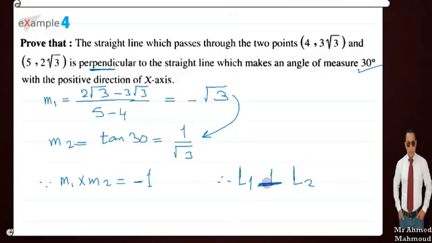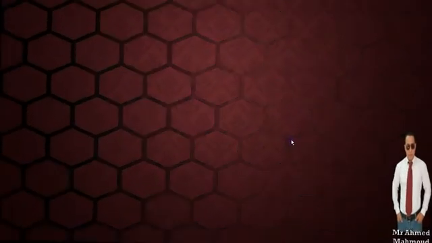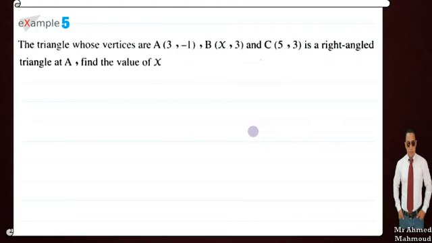Okay, example 5. The triangle whose vertices are A, B, and C is a right angle triangle at A. Find the value of x. I'm going to draw the triangle like this.